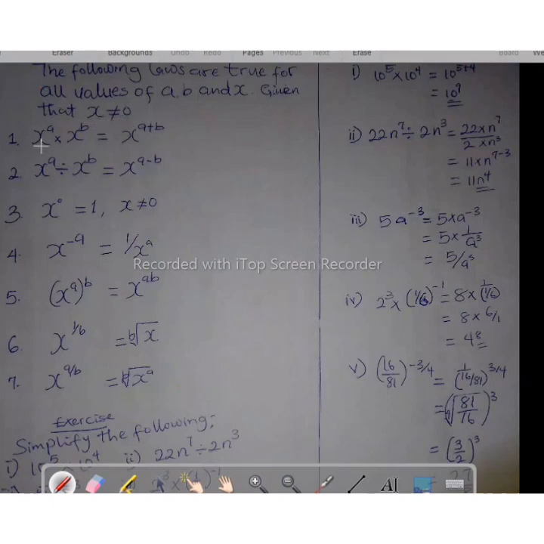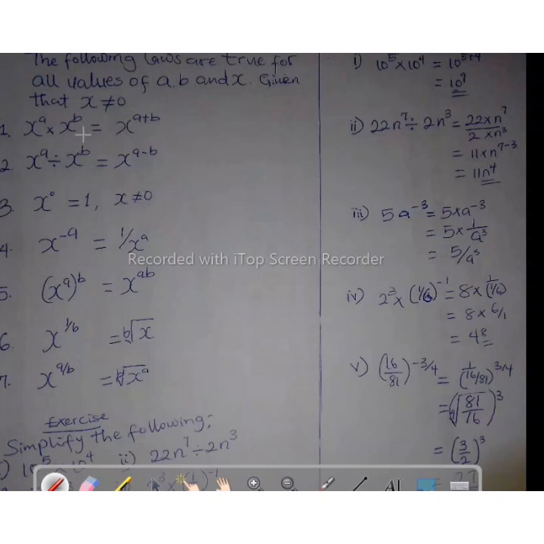Law number 1. If you have x raised to power a times x raised to power b, x and x, and since they are common bases, you can pick one x and express the whole thing as x raised to power a plus b. In other words, whenever you have two or more common bases multiplying one another, what you have to do is to just pick one out of the common bases and then add up their indices.